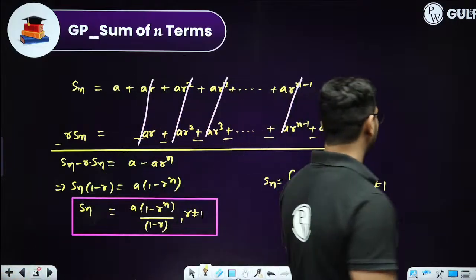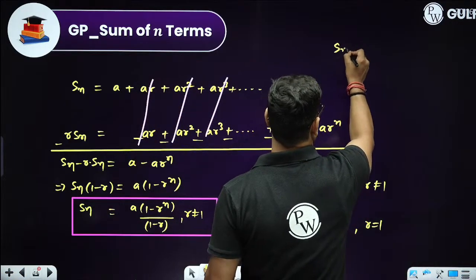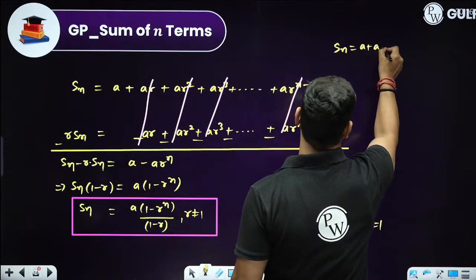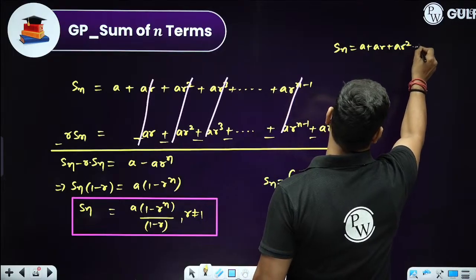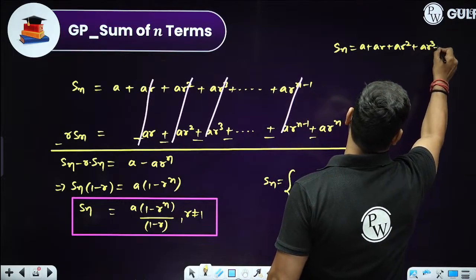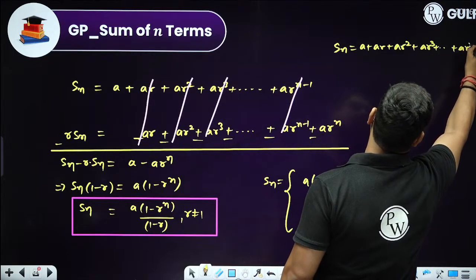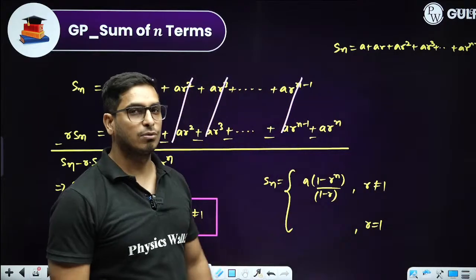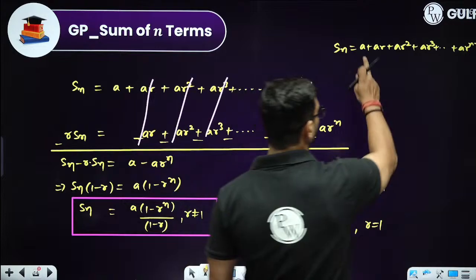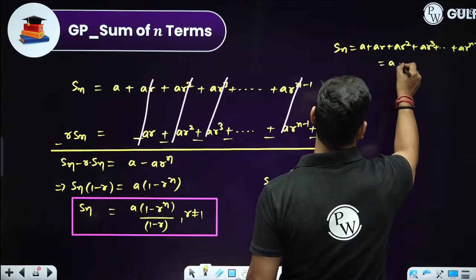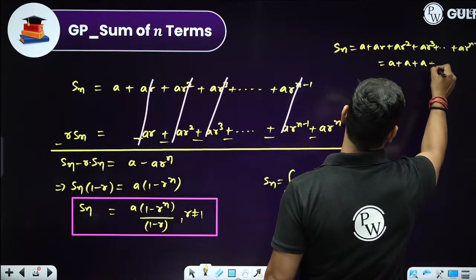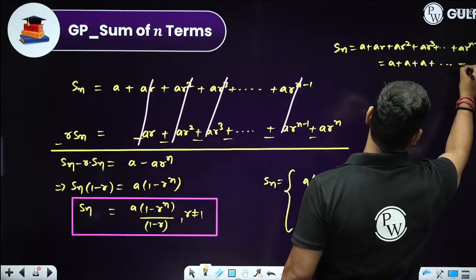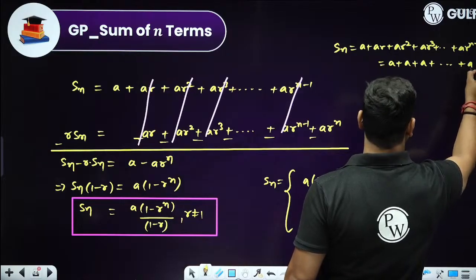Divided by Sn is AR plus AR square plus AR cube and so on, AR to the power n minus 1, correct? Now we are saying put R equals to 1. So if you put R equals to 1, it should be A plus A plus A plus A, n terms.